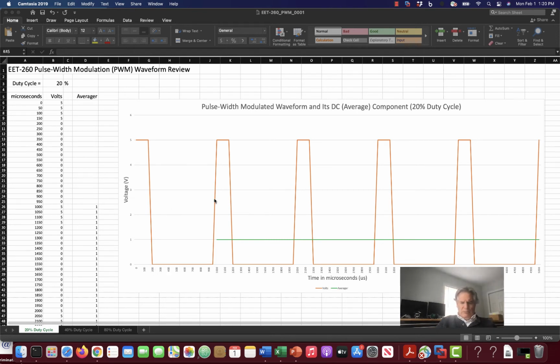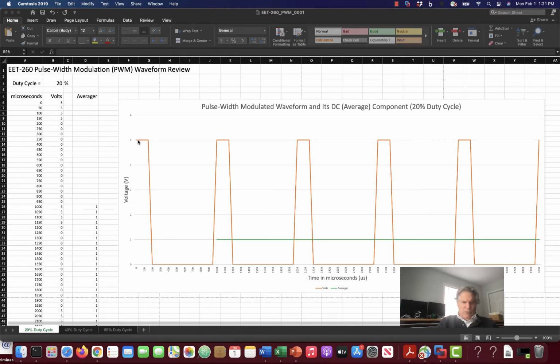This technique of pulse width modulation is a way that one can use a digital driving system to produce an equivalent analog output. So you can think of it as a kind of a digital to analog converter, or D to A converter, as some people will say, or a DAC, D-A-C.